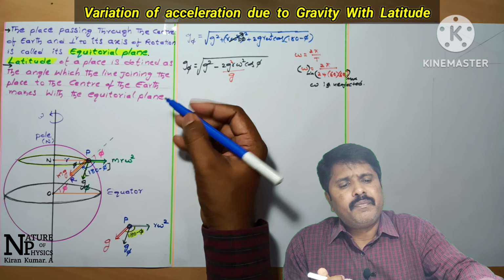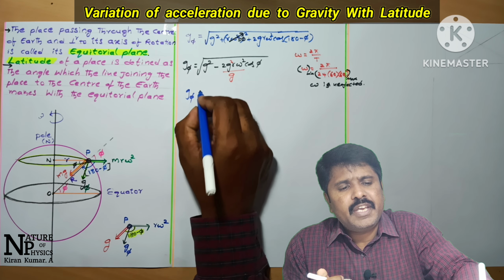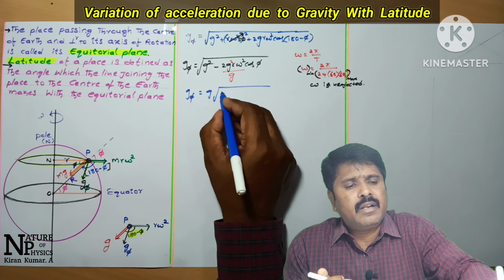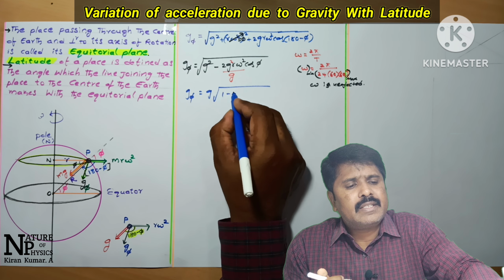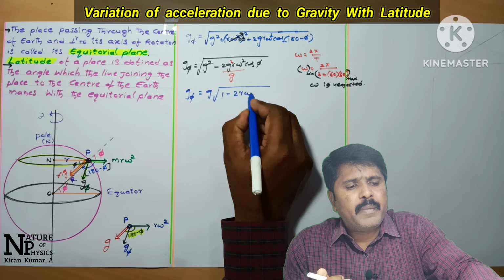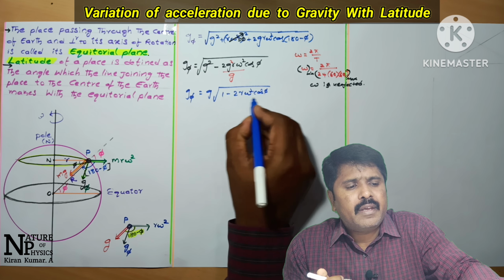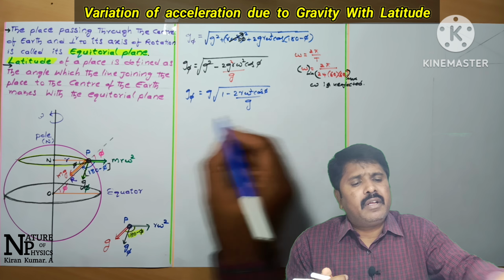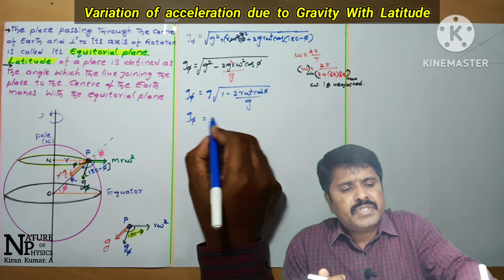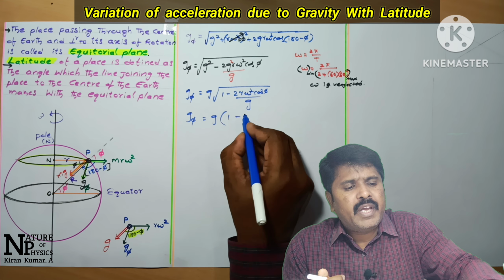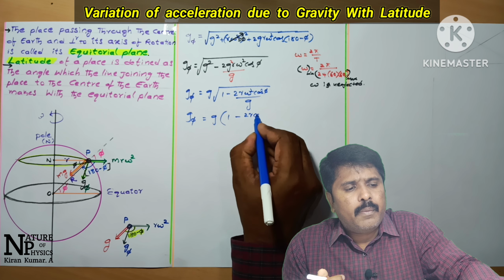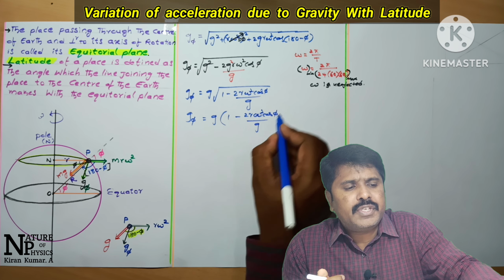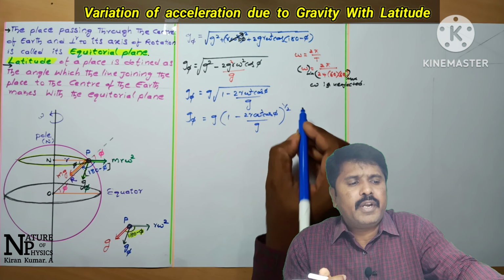In the continuation step, g phi is equal to g common, the square root gets cancelled. So 1 minus 2 r omega square cos phi divided by g, I got. Then g phi is equal to g into 1 minus 2 r omega square cos phi divided by g, whole to the power of 1 by 2.